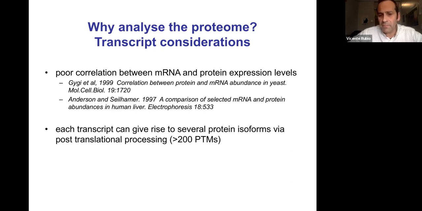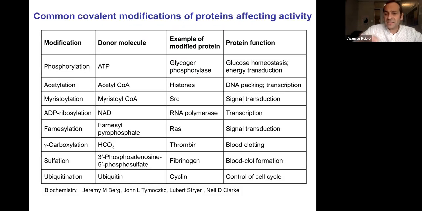You know that there are many different post-translational modifications happening in different proteins, and that is going to change their function, their stability, or their ability to interact with other proteins or to localize in different subcellular compartments. These are some examples, not just for plants, but you can see here many different post-translational modifications that have been reported. As I said, there are about 200 different ones.